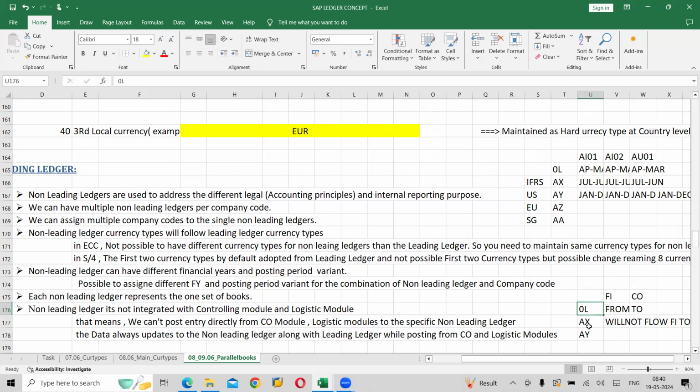Non-leading ledger data always stays in the non-leading ledgers only. Clear?